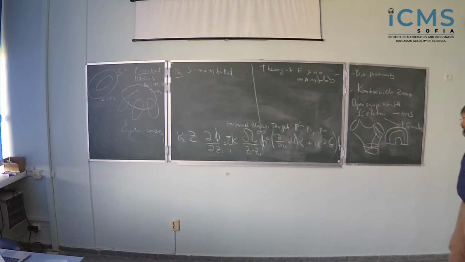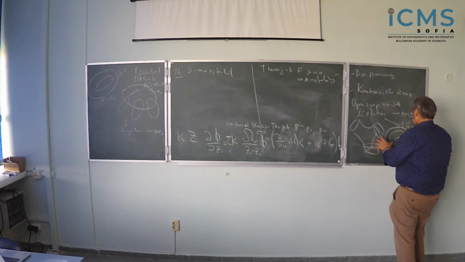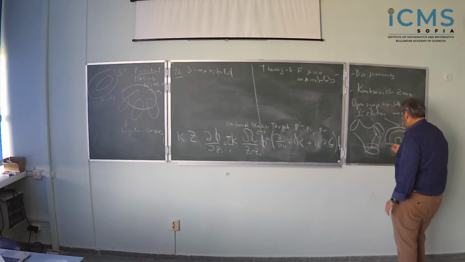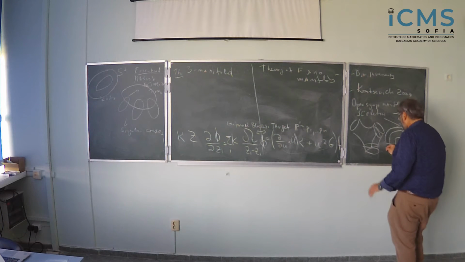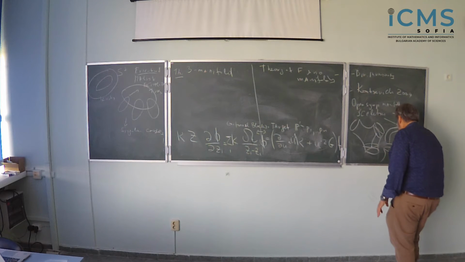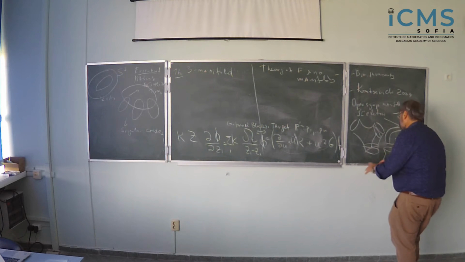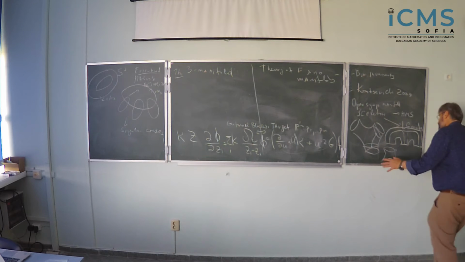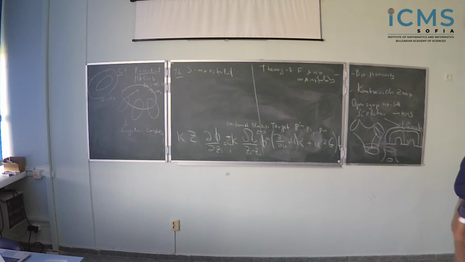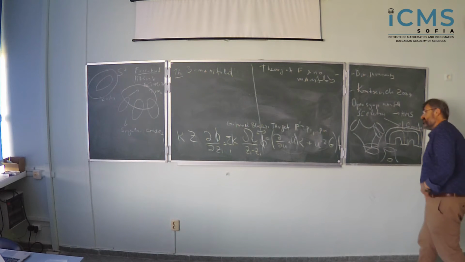You have several of them, and then you put here other parts of the Riemann surface, for which you further do the same procedure, and you correspond to this a skeleton.